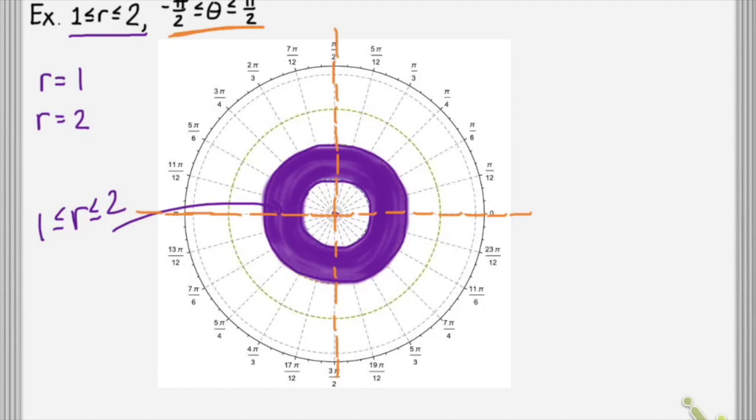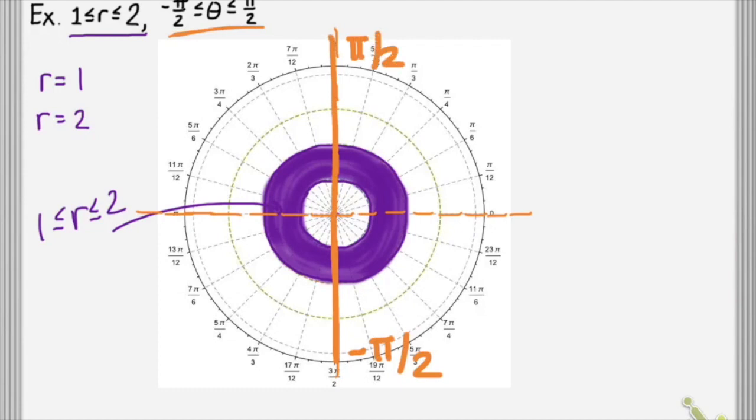Okay, so our theta value of negative pi over 2 says that I'm going to start by looking at the positive x direction and swing clockwise so that I can mark an angle of negative pi over 2. And then the other theta value that we have is theta equals positive pi over 2, which is pointing directly upwards.